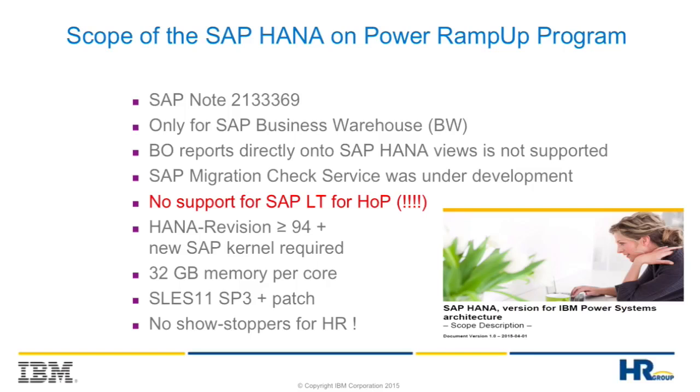That was 94. 32 gigabytes per core, I already said that. And SUSE 11 was at this time the only available operating system stack from SUSE, with the specific patch for enabling SMT8 for Power to get the most out of the infrastructure.